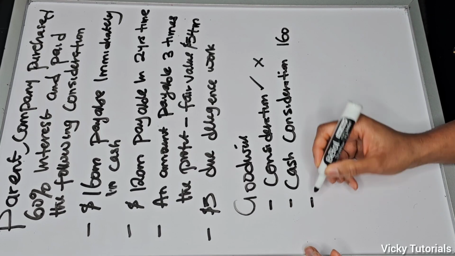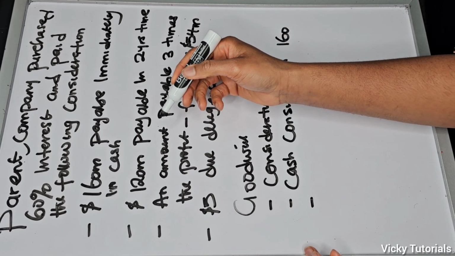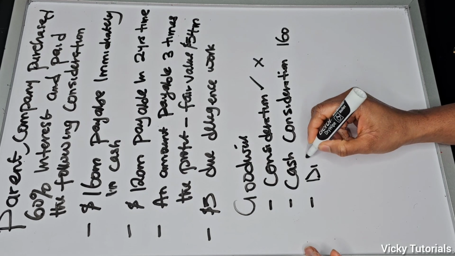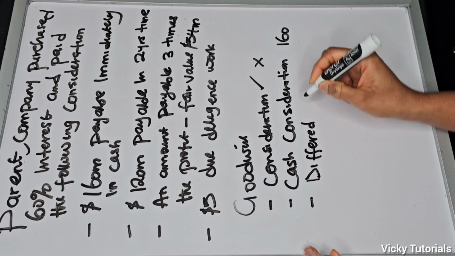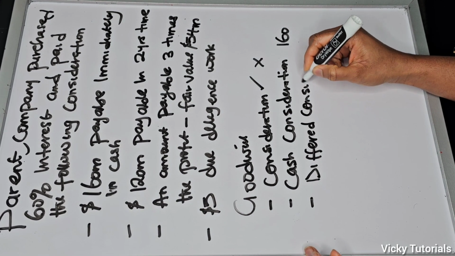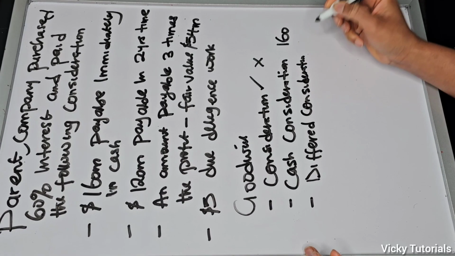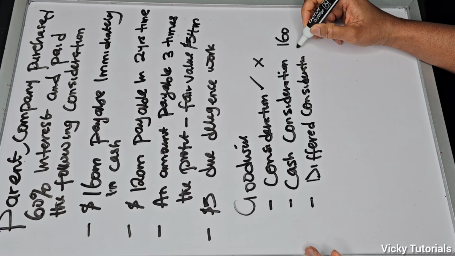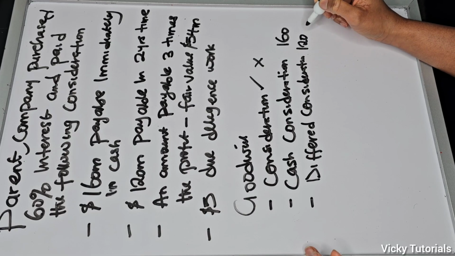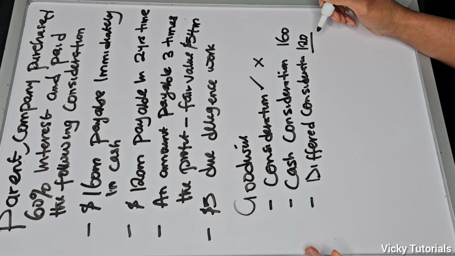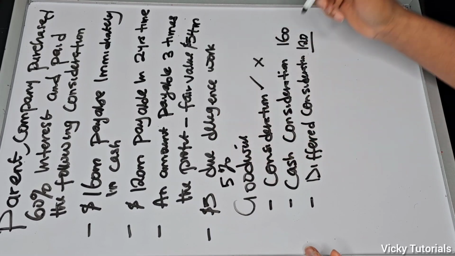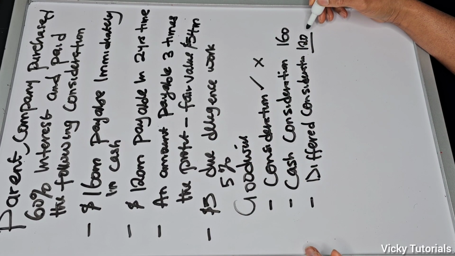We have another type of consideration, 120 million payable in 2 years' time. This is called deferred consideration transferred. Okay, so this deferred consideration transferred will have to be brought to present value. Okay, 120 million. Let's just imagine that the interest given is 5% interest. So we need to bring this 120 million to present value.